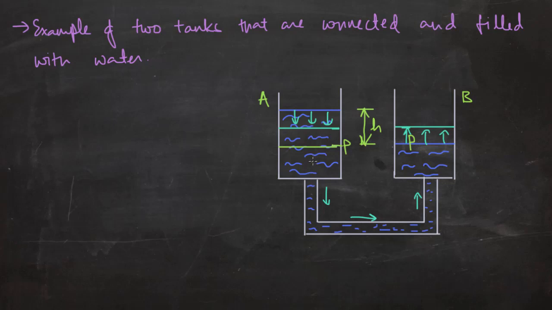This is due to the concept of hydrostatic pressure. That is, the water will flow from a container having water at a higher level to a container having water at a lower level, irrespective of the quantity of water in both the containers.